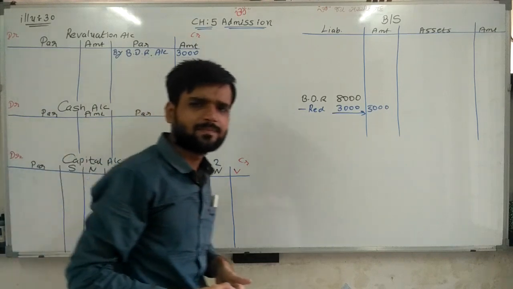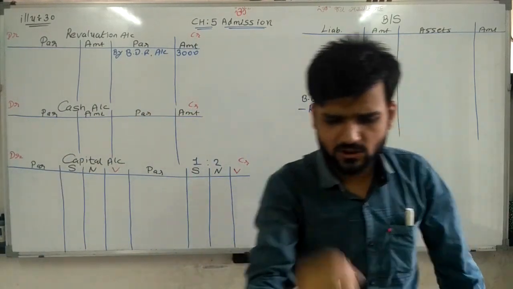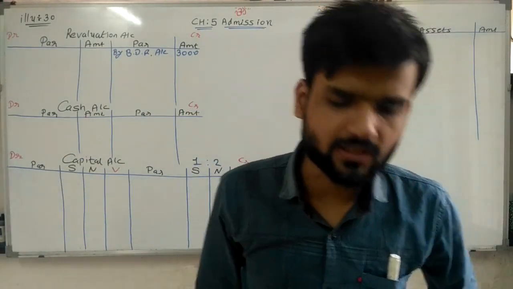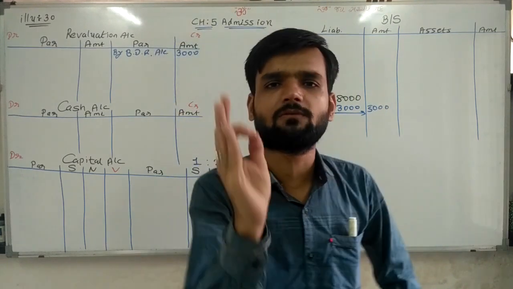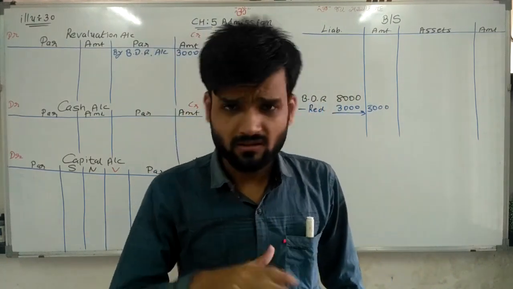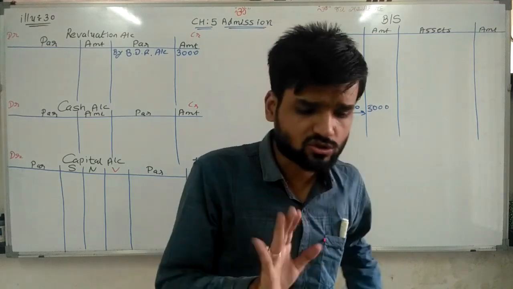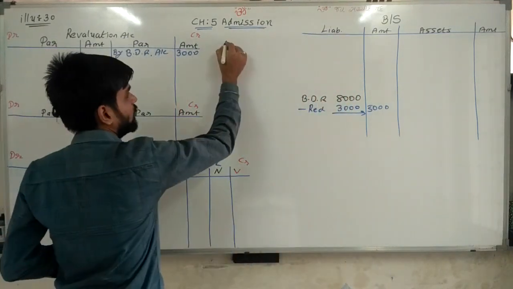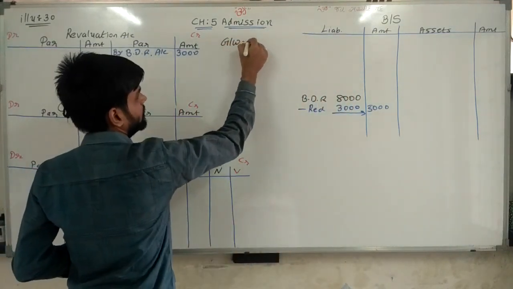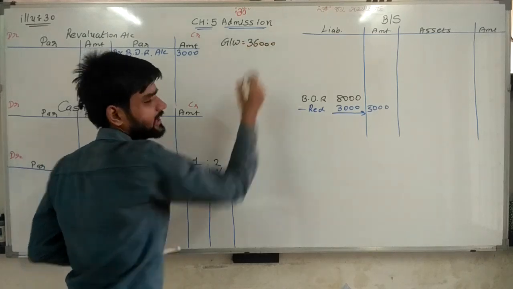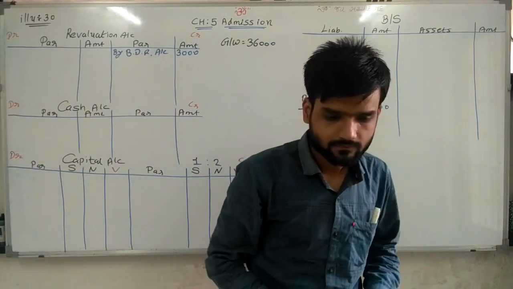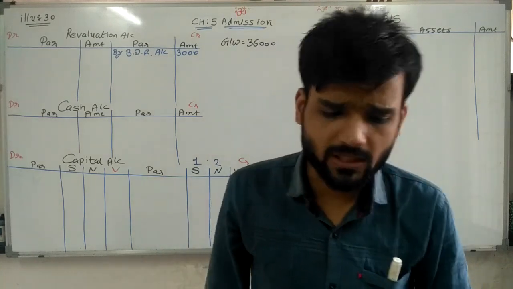That's it. Going ahead. Next one. Goodwill is valued at 36,000. So the value of goodwill is given as 36,000. But still now it is not useful to me. So writing only goodwill 36,000.